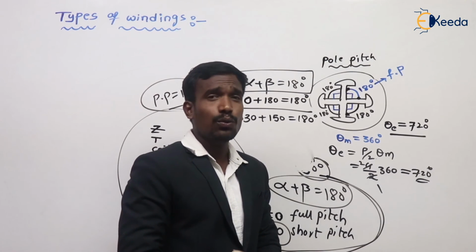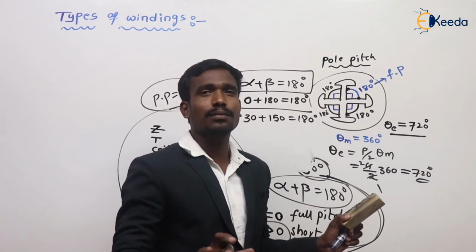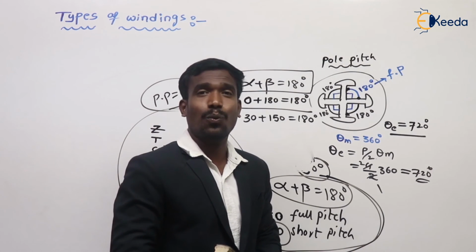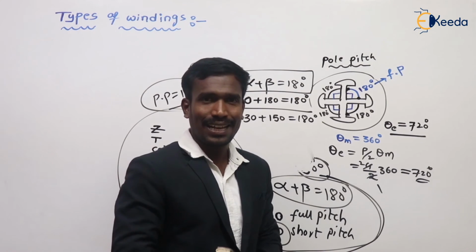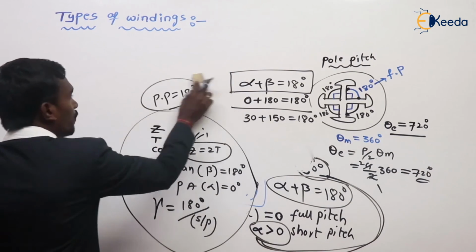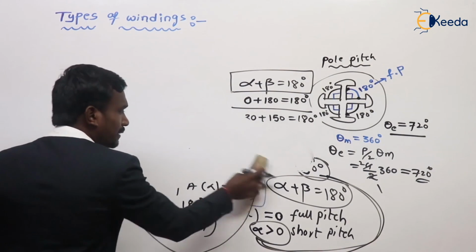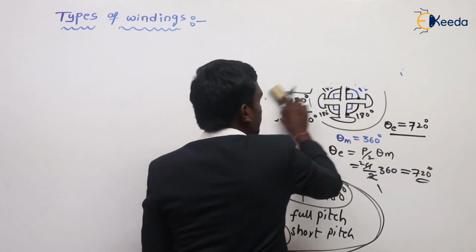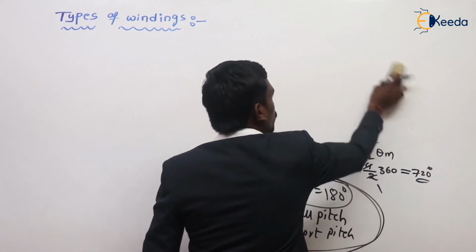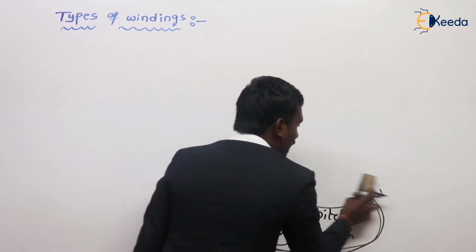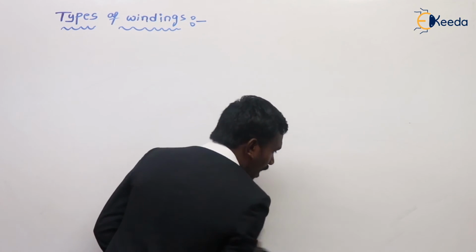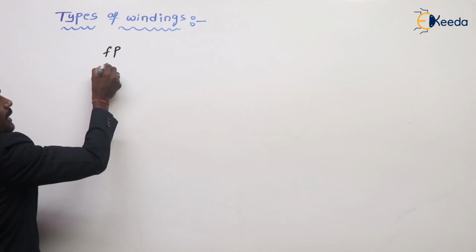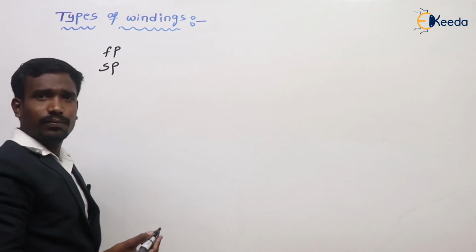Okay. Now you know all the terms in the windings. Let's start windings. I told you already we have different types of windings. What are those different types? We have full pitch winding and short pitch winding.